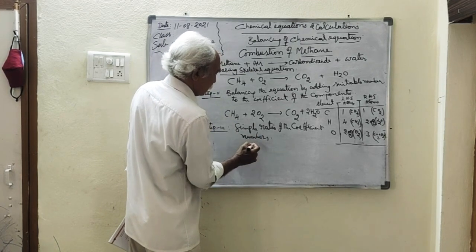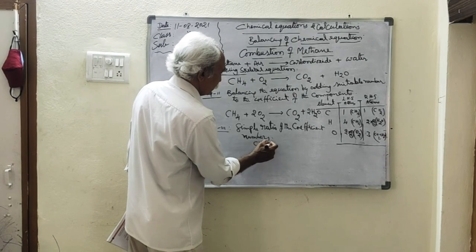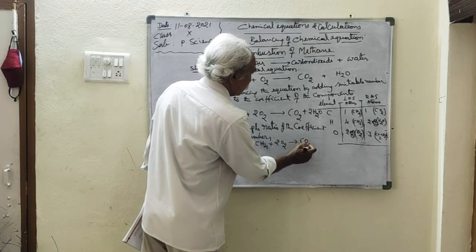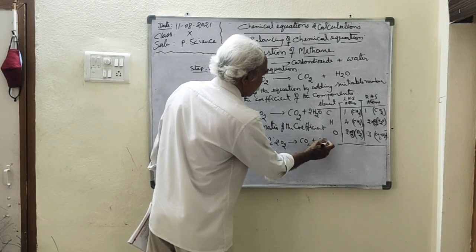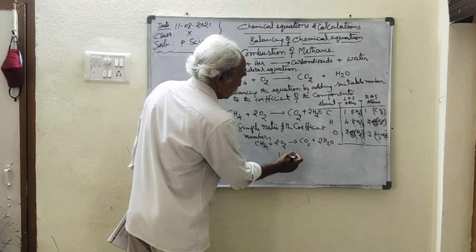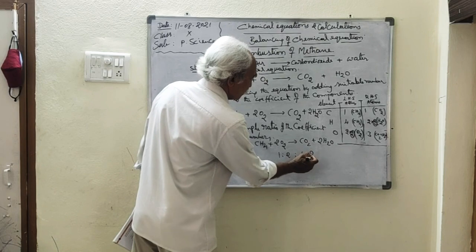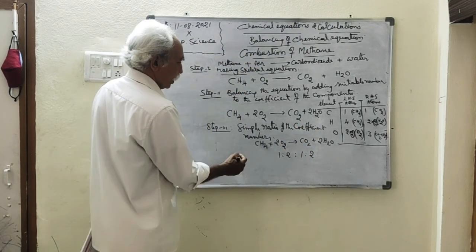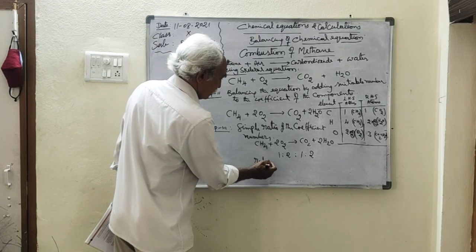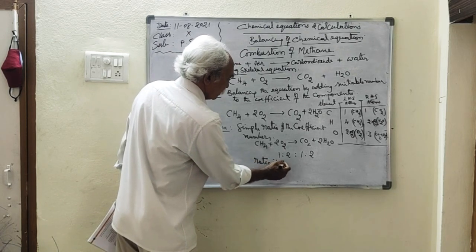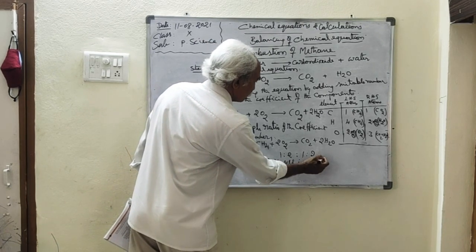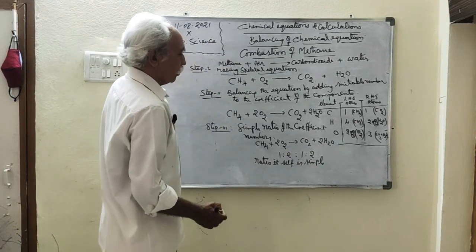Again you write the equation CH4 plus 2O2 gives CO2 plus 2H2O. So here the ratio is 1 to 2 to 1 to 2. So the ratio itself is simple, because all these numbers are divisible by 1.